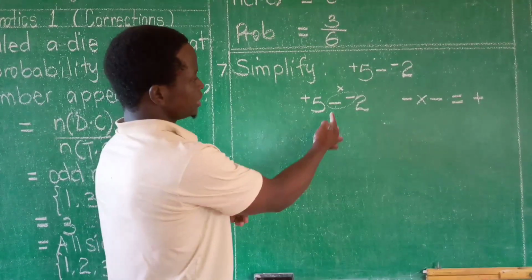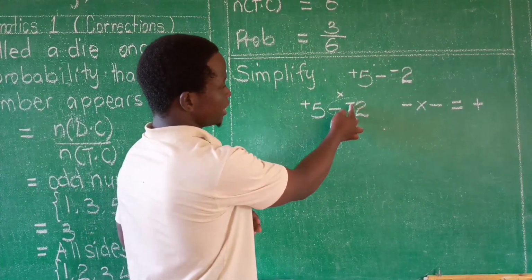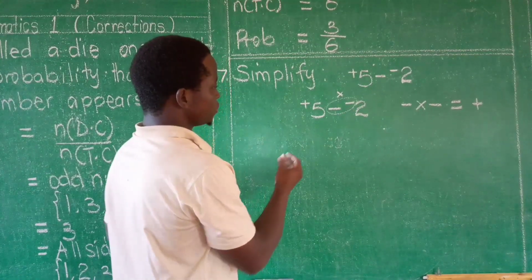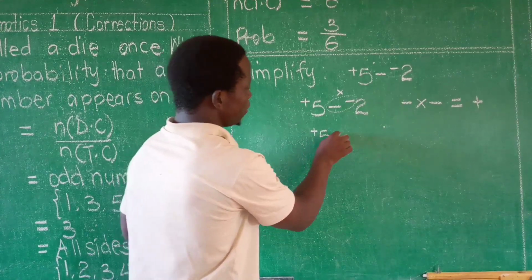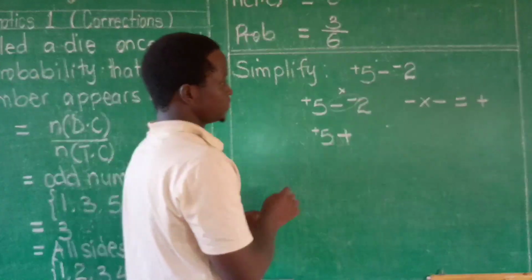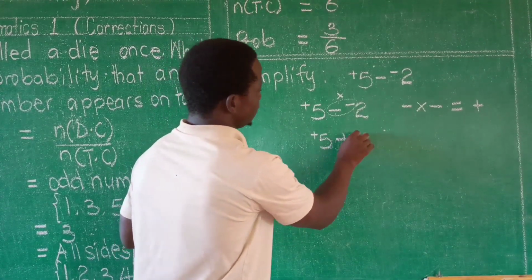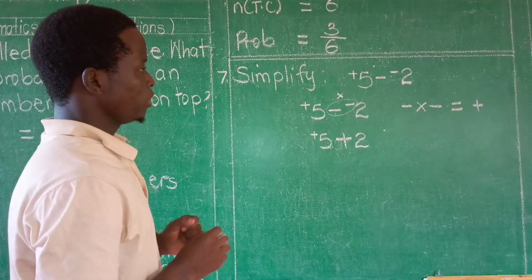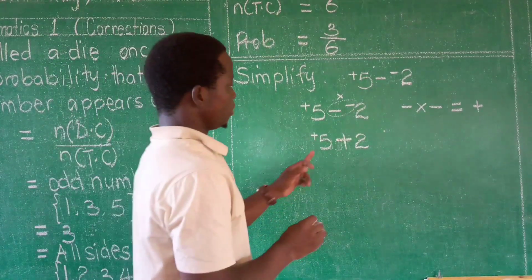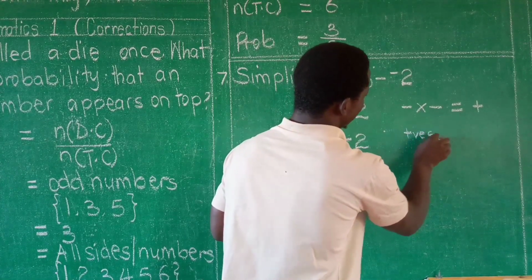Now we have seen that this minus sign multiplied by this minus sign gives us a positive. So our expression will be positive 5 now plus, because the 2 signs have been multiplied to give a plus 2.